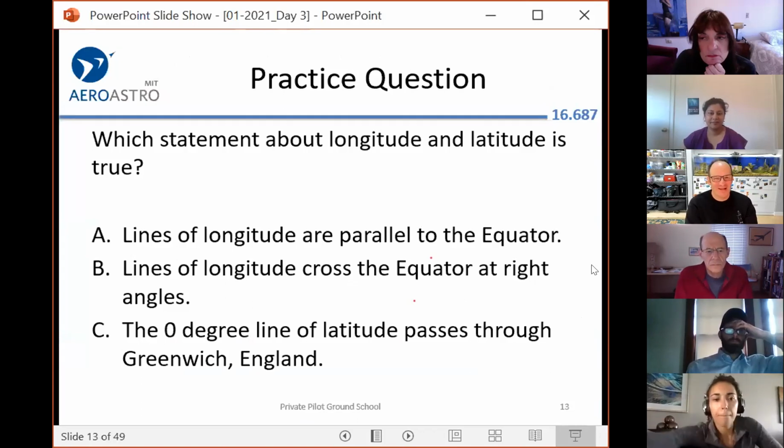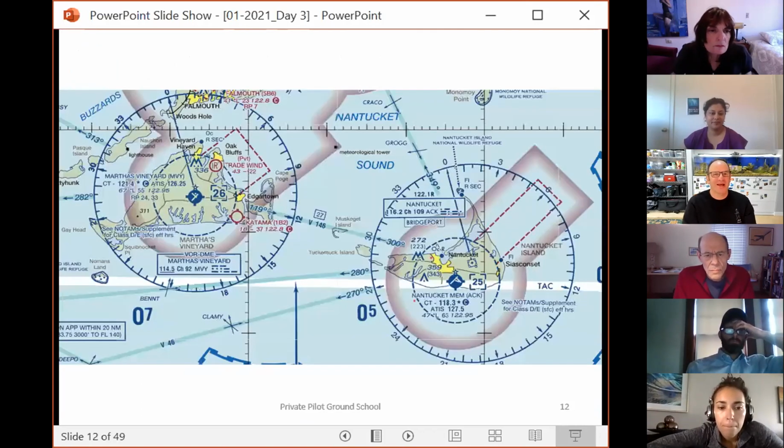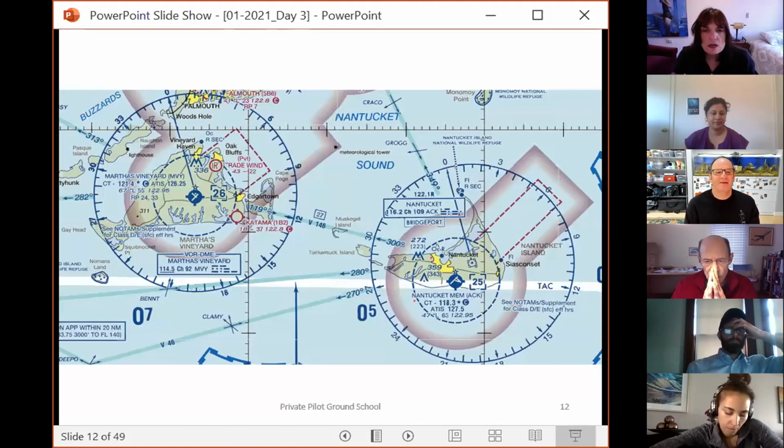Can we go back, Tina? There was one more airspace slide. Yeah, this is just to show you some local airports to reinforce that instrument approach idea. I think from here you can see, for example, that the most common instrument approaches into Nantucket and Martha's Vineyard are probably going to be to runway 24 in both of those cases, because they're protecting down to the surface pretty far offshore with those magenta areas.